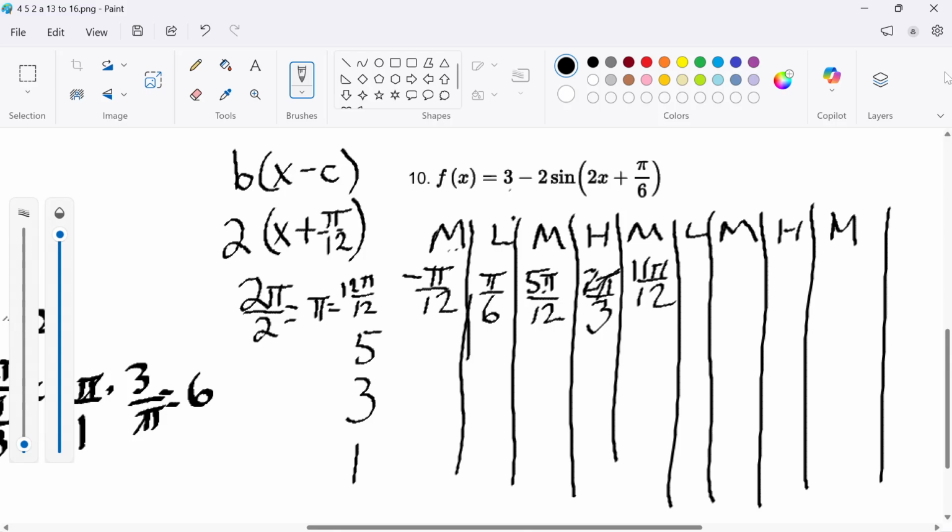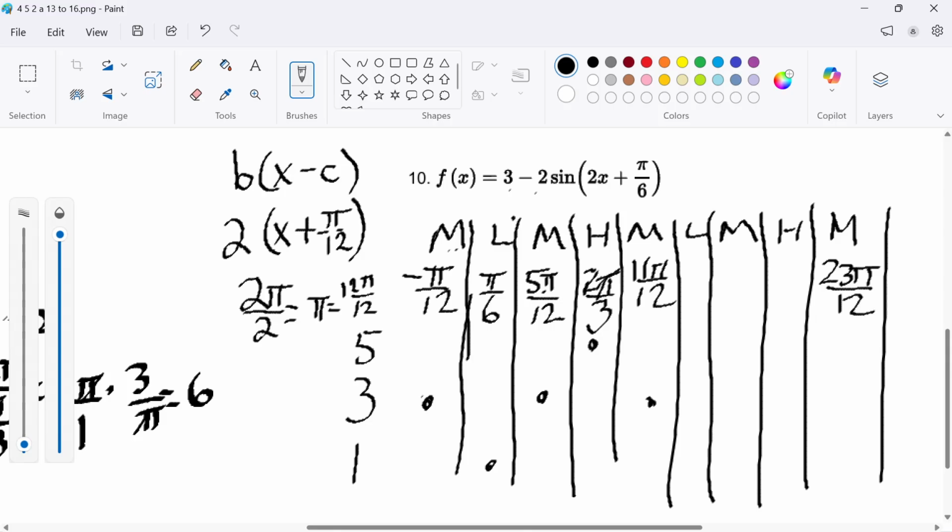Okay, and so now I'm going to go. Now remember, this one's going to go down. So it's midline, low, midline, high, midline. So that goes opposite. And then 11 pi over 12 plus 12 pi over 12 is 23 pi over 12.